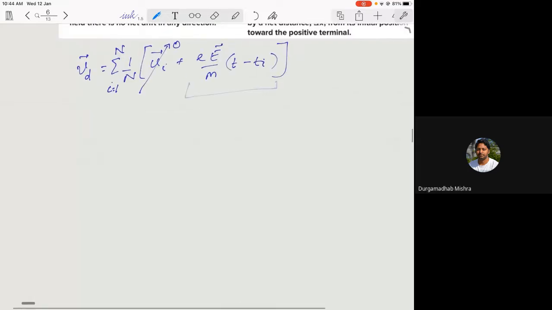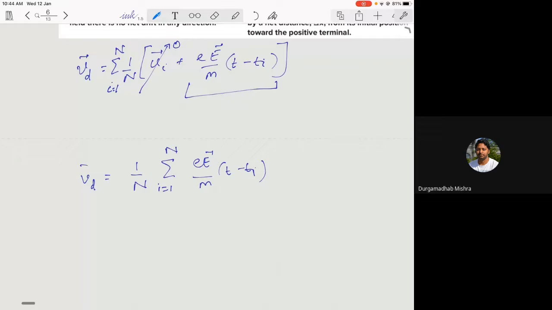so this is Vd. So we can write down this Vd will be equal to 1 by n, sum over i equal to 1 to n, eE by m (t minus ti), or sometimes it is written as E. So these are again constant terms. So one needs to take the average over t minus ti. And what is t minus ti?